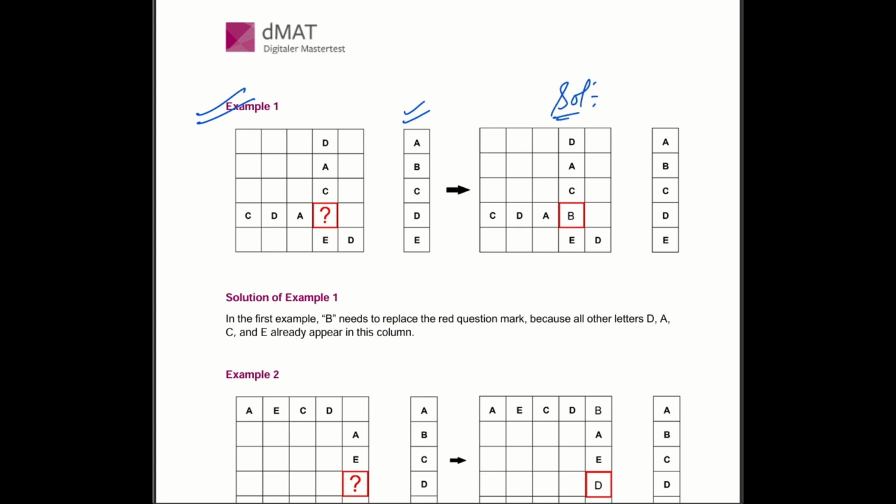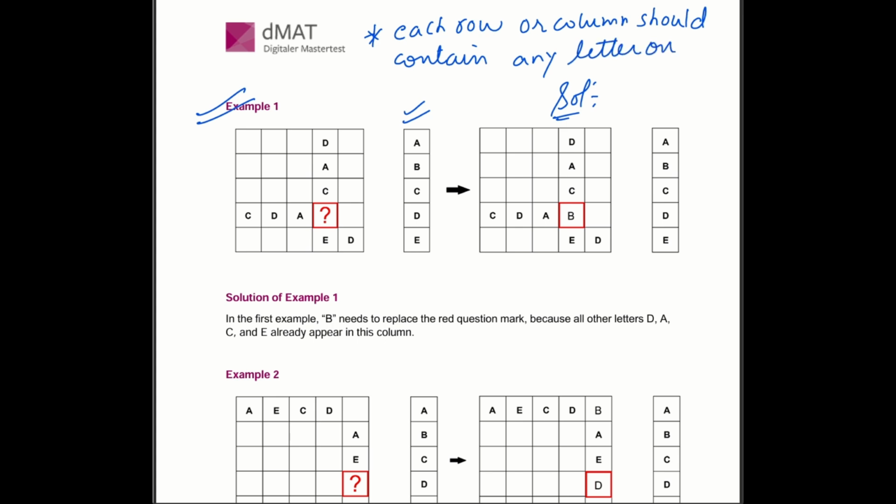Okay, C, D, A. You know that each row or column should contain any letter once only.